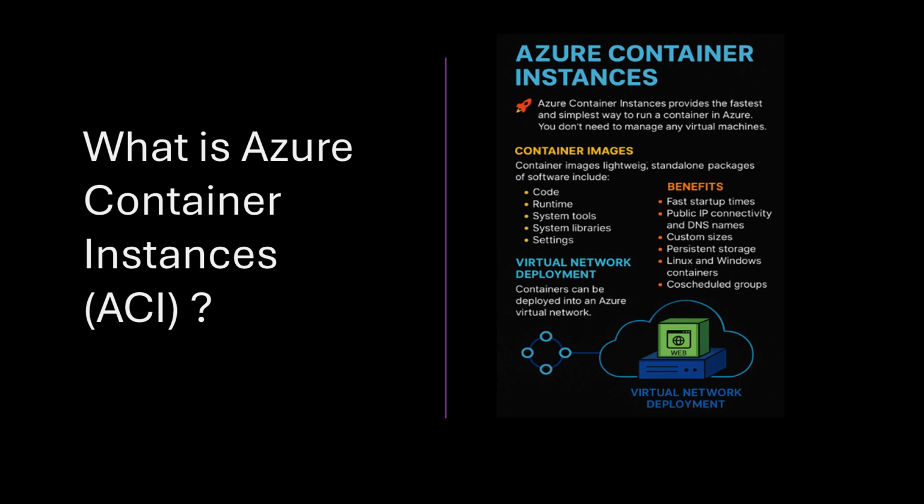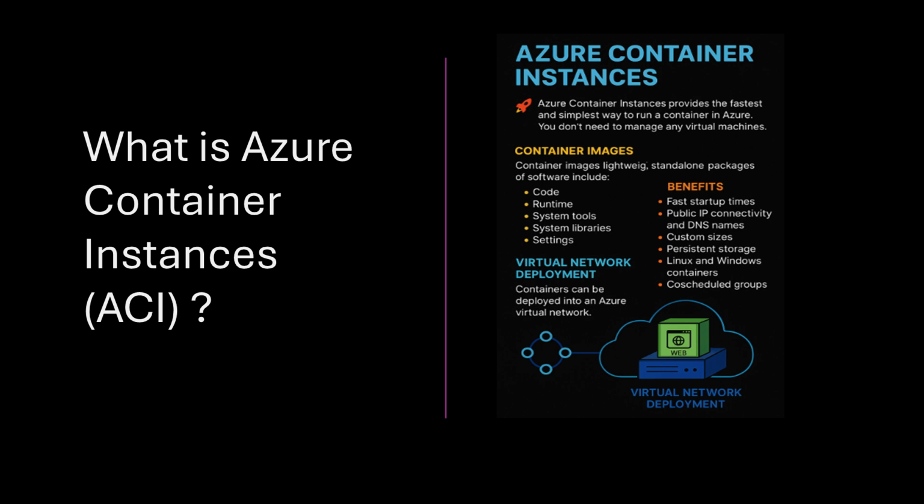For scenarios where persistent data is required, ACI supports direct mounting of Azure files, allowing your container to maintain state across restarts. Whether you're deploying a Linux-based app or something that runs on Windows, ACI supports both OS types. Just pick the one you need when setting up your container group.